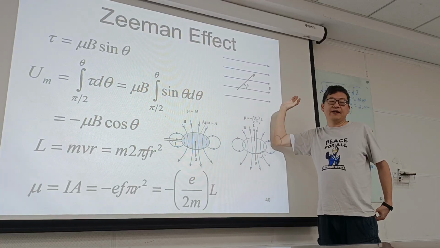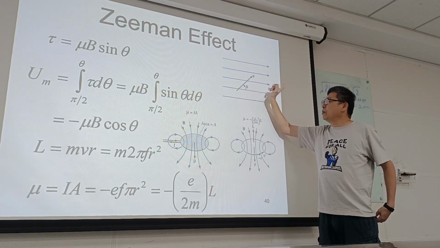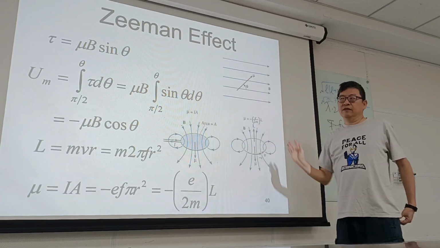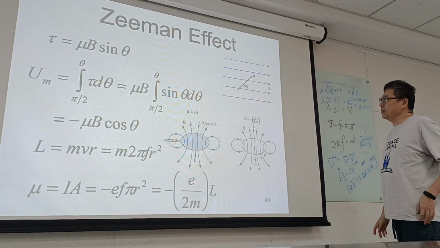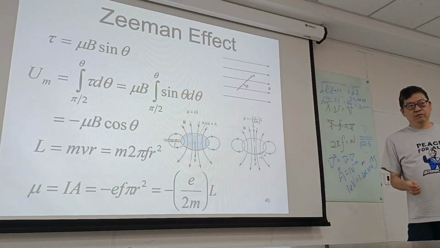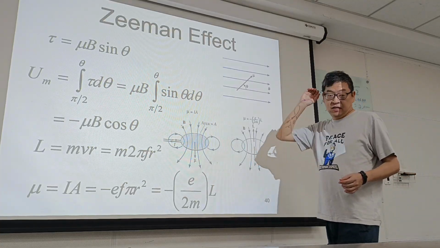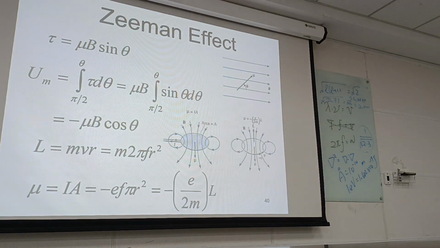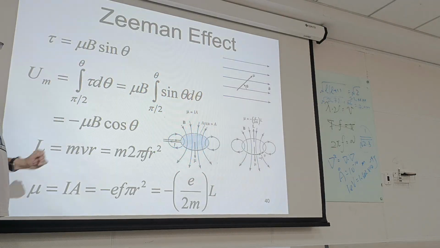Alignment, right? So what's the potential? They rotate from here to here. Because it's a rotational movement, we have tau, which we call torque. Torque is mu B sine theta.